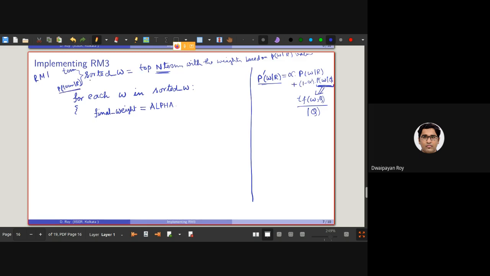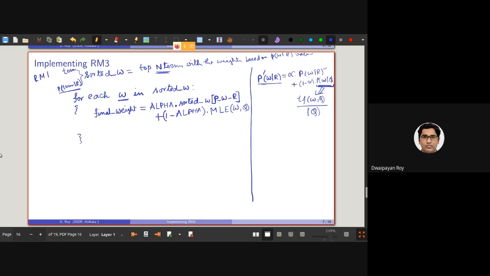Note that P(W|R) is already stored here in sorted W. So alpha into sorted_W[W], the P(W|R), indicating the weight of the term W based on RM1, plus 1 minus alpha into MLE of the word W in the query.